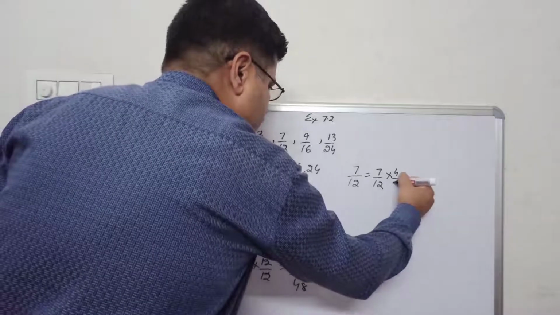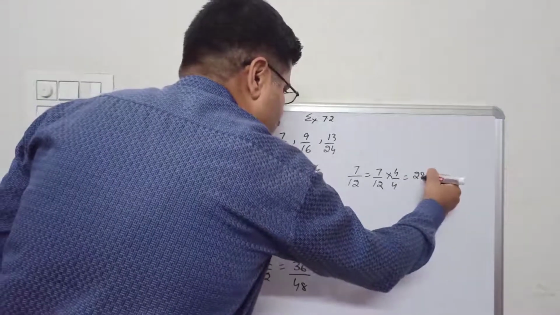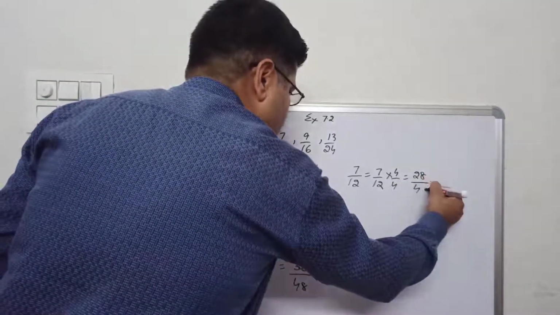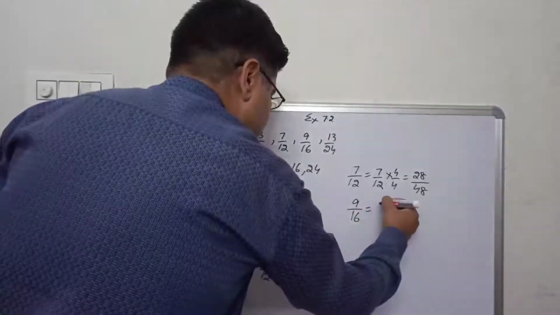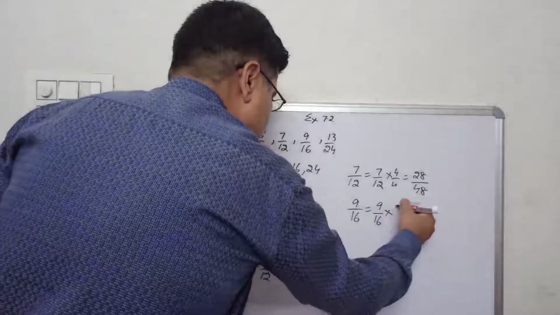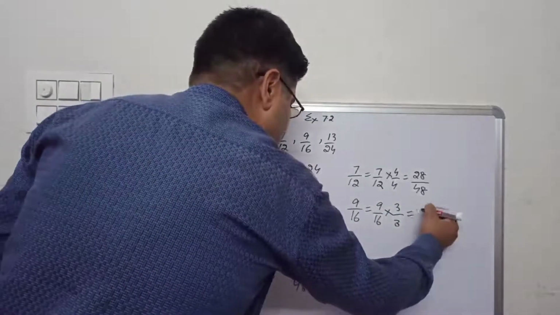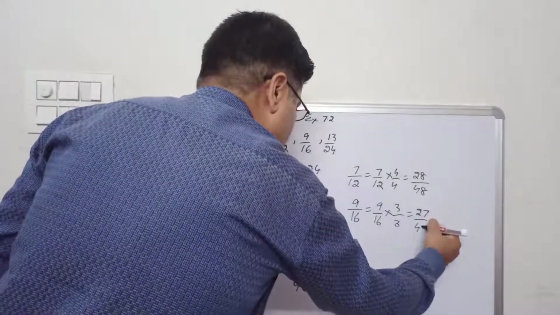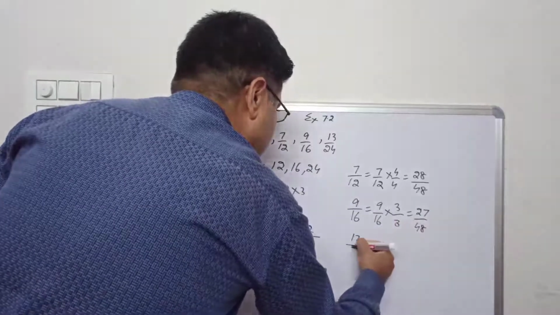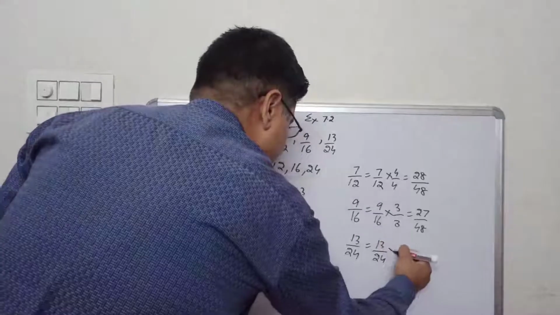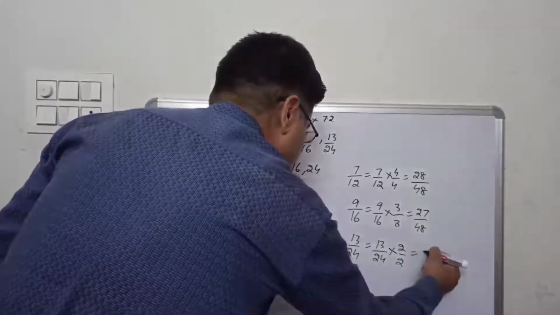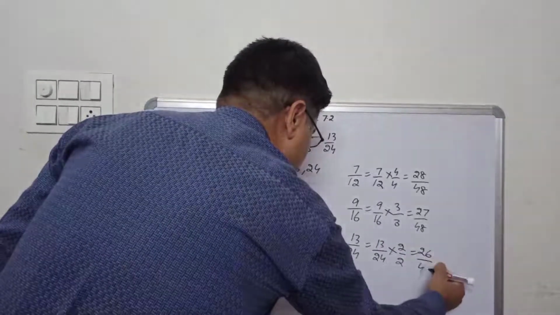So multiply by 4. 7 4s are 28 and 12 4s are 48. Next is 9 upon 16. 9 upon 16 into 3 by 3 will be 27 upon 48. Next is 13 upon 24. So 13 upon 24 into 2 by 2 is equal to 26 upon 48.